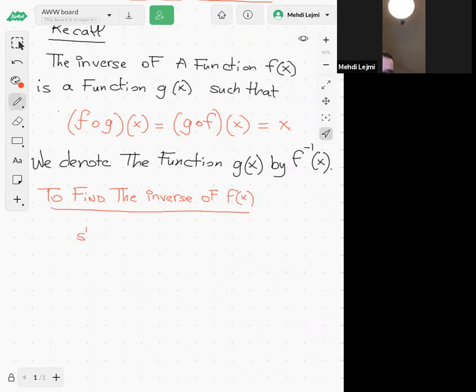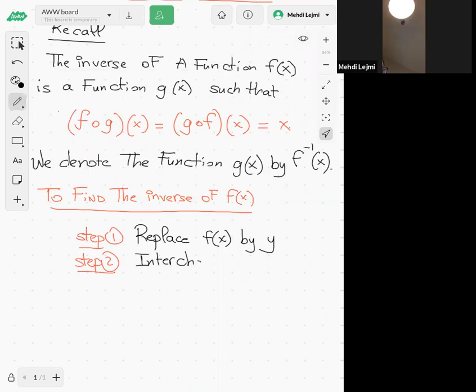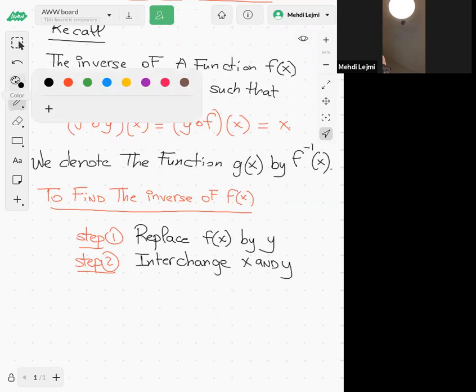Step 1, we replace f of x by y. In step number 2, we interchange x and y. And in the last step, we solve for y.